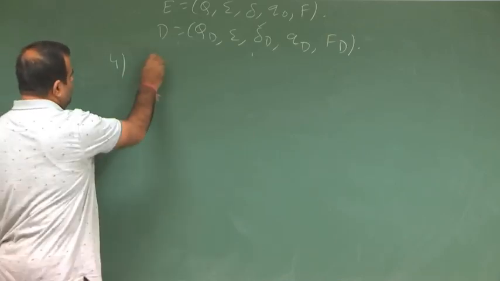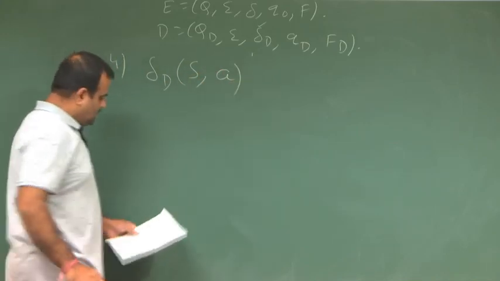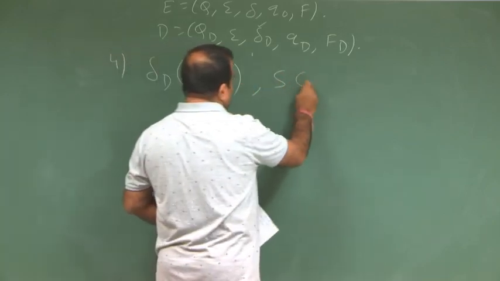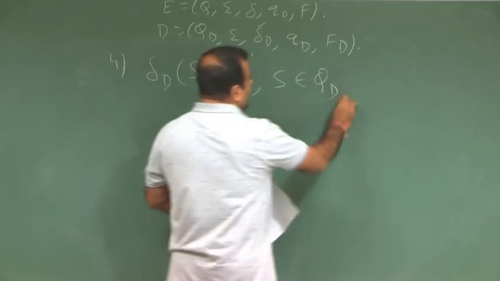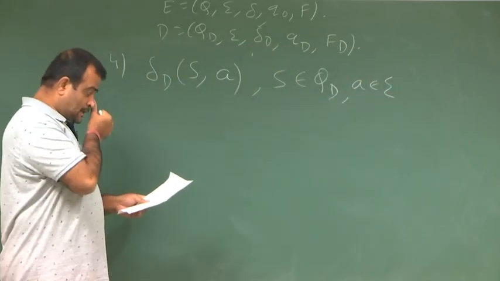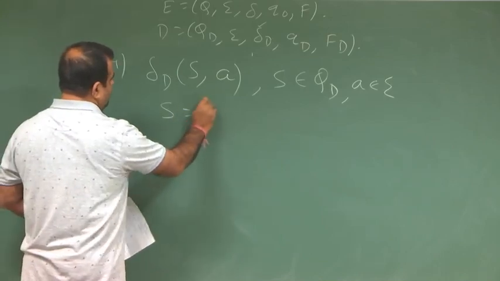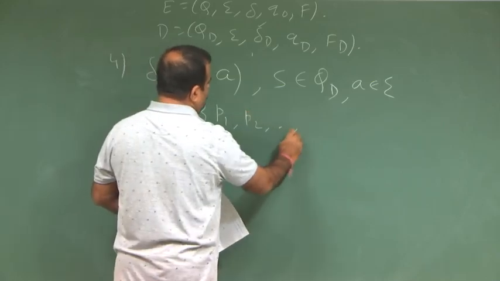Delta d of s comma a, where a is the input. We have to define this where s belongs to QD, again s involves the epsilon closure, and a is an alphabet symbol. Suppose s is say some p 1, p 2, p k.